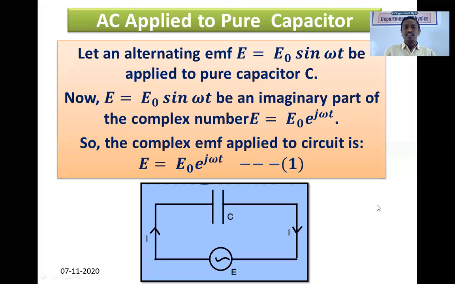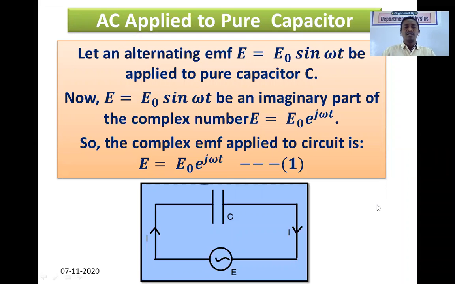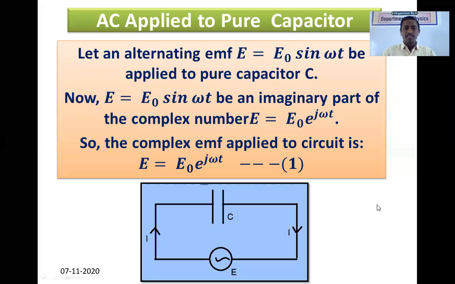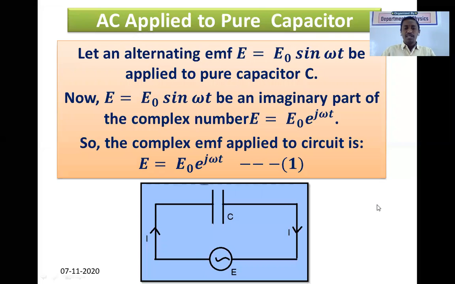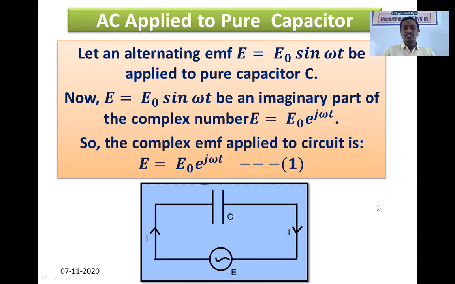Here, let an alternating EMF E equals E0 sin omega t be applied to a pure capacitor having capacitance C. Now we know E equals E0 sin omega t is the imaginary part of the complex number E equals E0 e to the power j omega t, and hence the complex EMF applied to the circuit is E equals capital E0 small e to the power j omega t. That is our equation number 1.